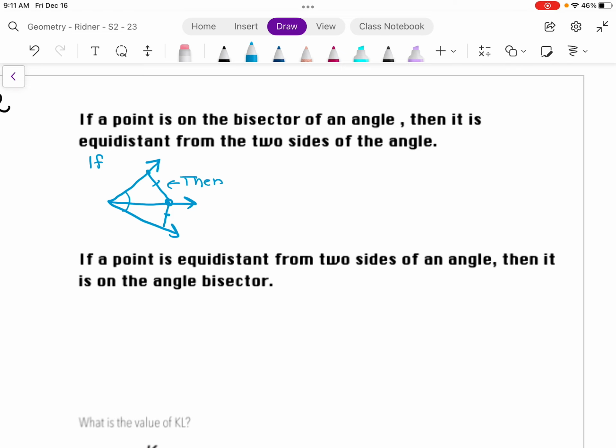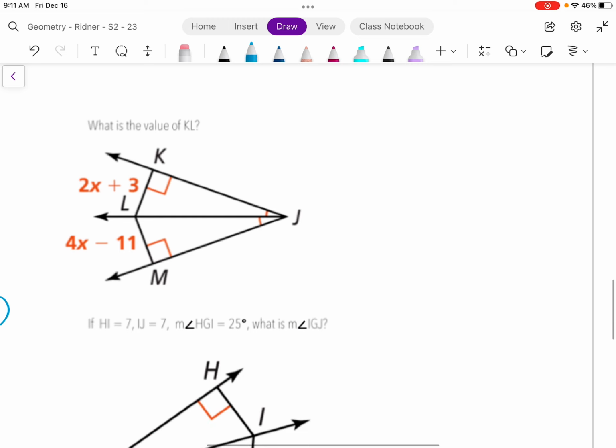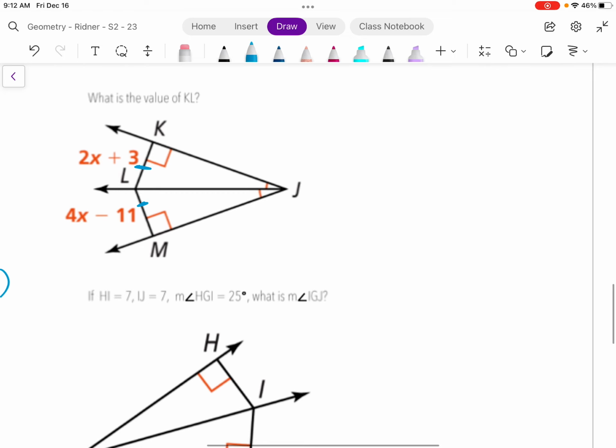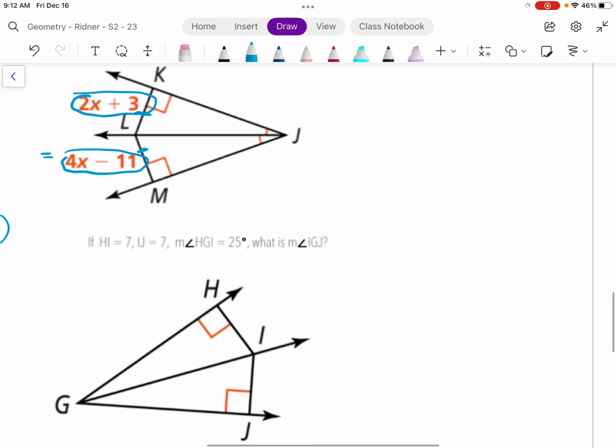All right, let's look at an example of what that looks like. That means that this must be equal to this. So I'm going to challenge you, like in that last example, set this equal to this and solve for x. Tell me what you get.